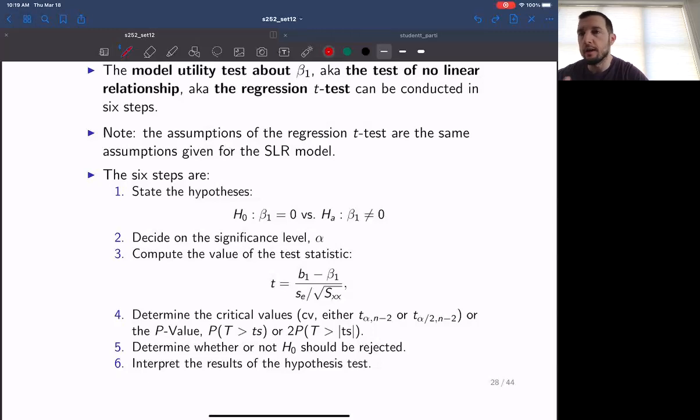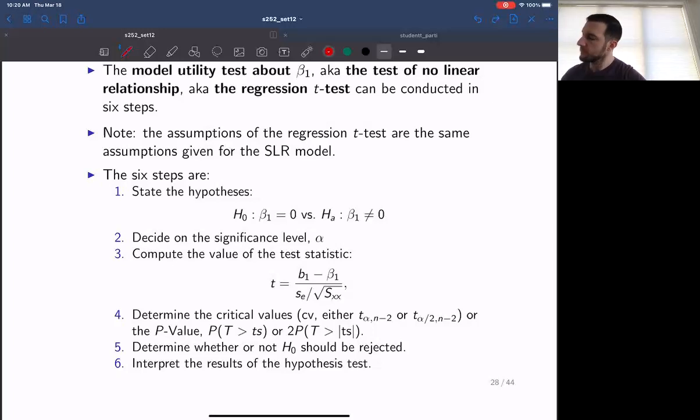We will see in lecture set 13, when we move on to studying multiple linear regression, the degree of freedom on the test statistic changes to accommodate for the number of parameters in the model. So instead of, for example, n-2, you have n-p, where p is the number of parameters in the model. But for now, it's easy enough just to remember that for SLR, the degree of freedom is n-2. But when we study MLR, multiple linear regression, you'll see the rationale for that 2 in the degree of freedom calculation.